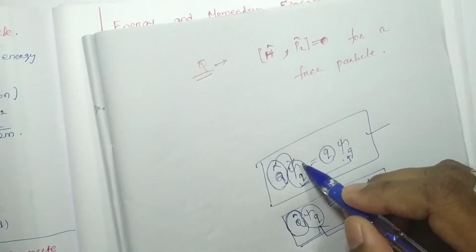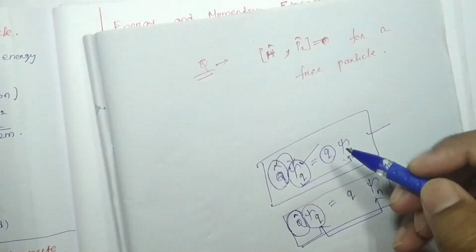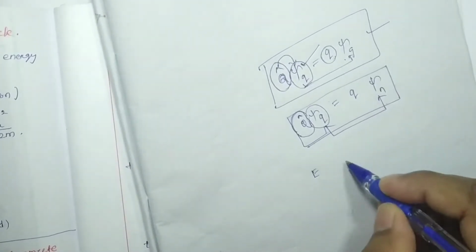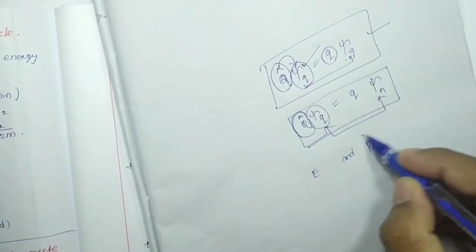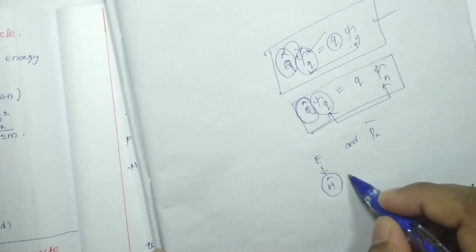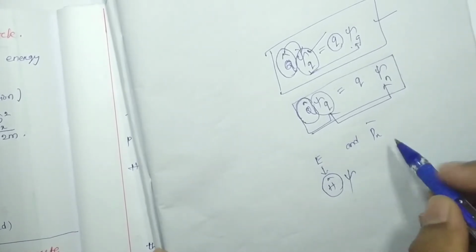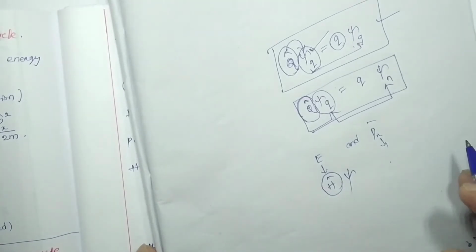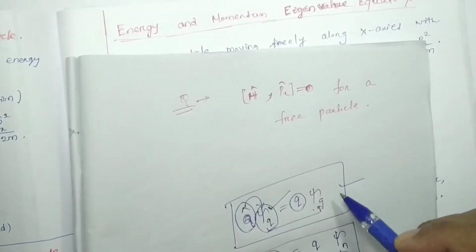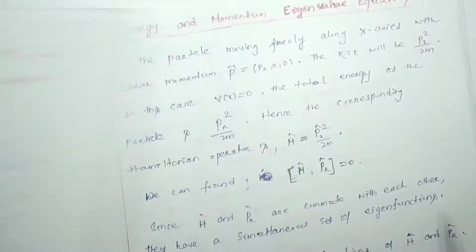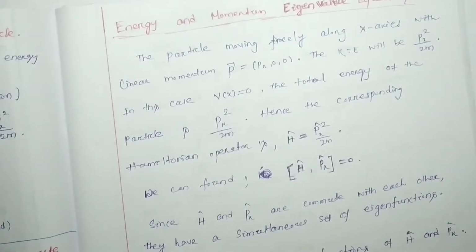So we need eigenfunctions for the operators of energy and momentum. Energy means Hamiltonian, so for the Hamiltonian we need the energy eigenfunction, and for momentum we need the momentum eigenfunction. Then we can define the so-called eigenvalue equations for energy and momentum. Those things we are going to discuss here.